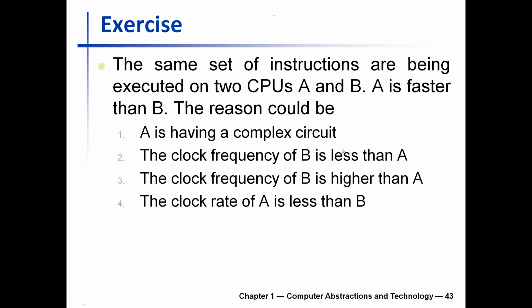We don't know the exact reason, but could each of these be a reason? Let's say the first one: A has a complex circuit. Could that be a reason for A to be faster? Is it possible? Can you tell me?